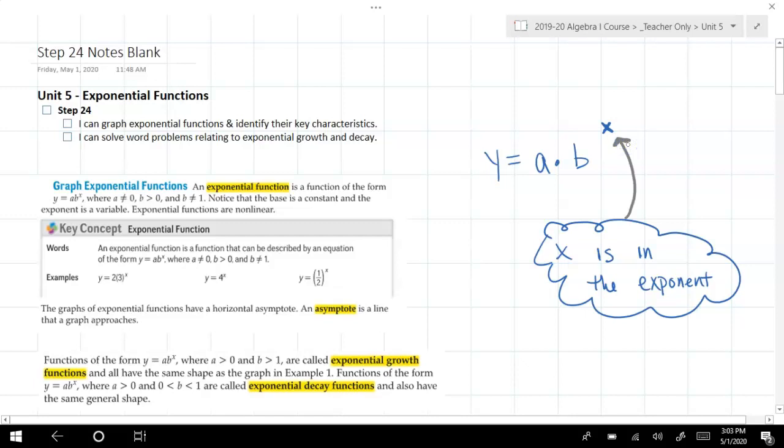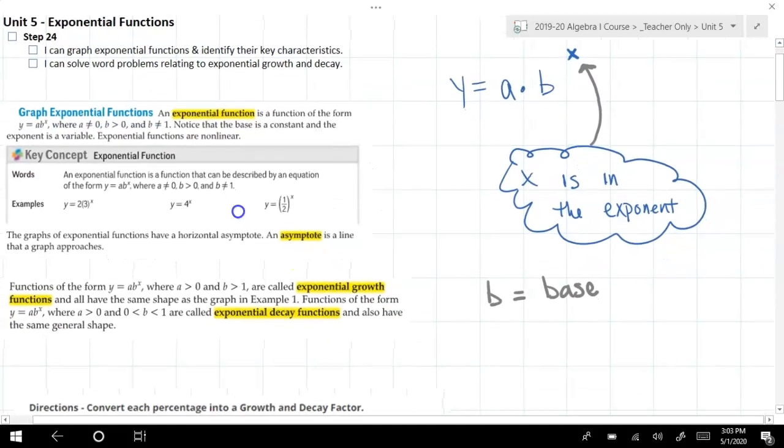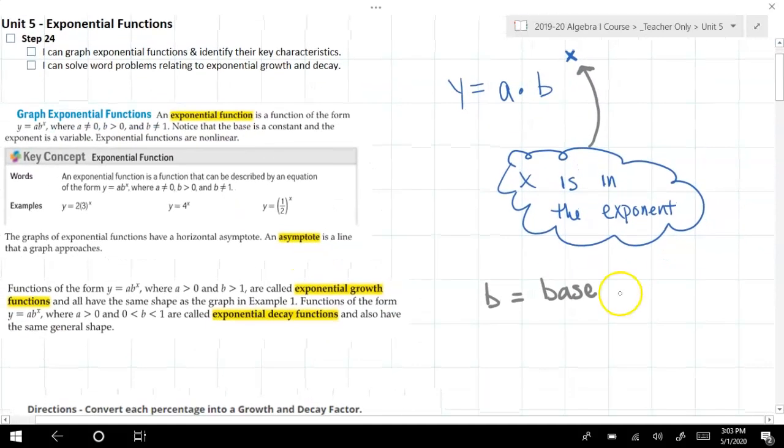So the variable is in the exponent. The base, b, the base of the exponent, is a number. And this is the number that determines growth or decay.